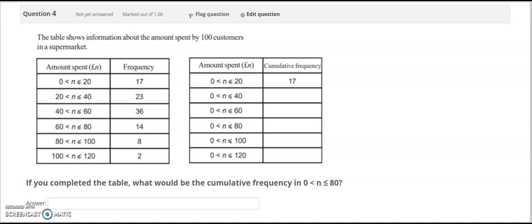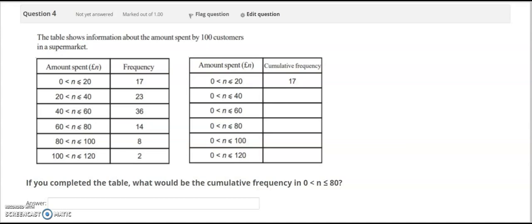Now next to this table on the right, we have a cumulative frequency table. What this means is that you're looking at a greater range of values. So the first row is identical, between 0 and 20, so there were 17 of them. That can't change.